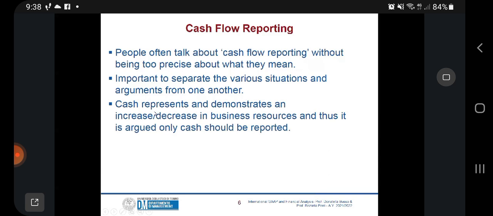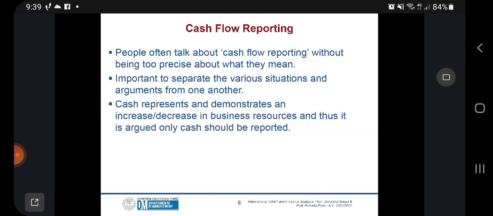Cash, remember, represents increases or decreases in business resources, and it is argued that only cash should be reported. Sometimes reporting only the cash, the reserves in increases or decreases of cash, it's a good thing, but usually that means that we are following only the cash accounting principle.